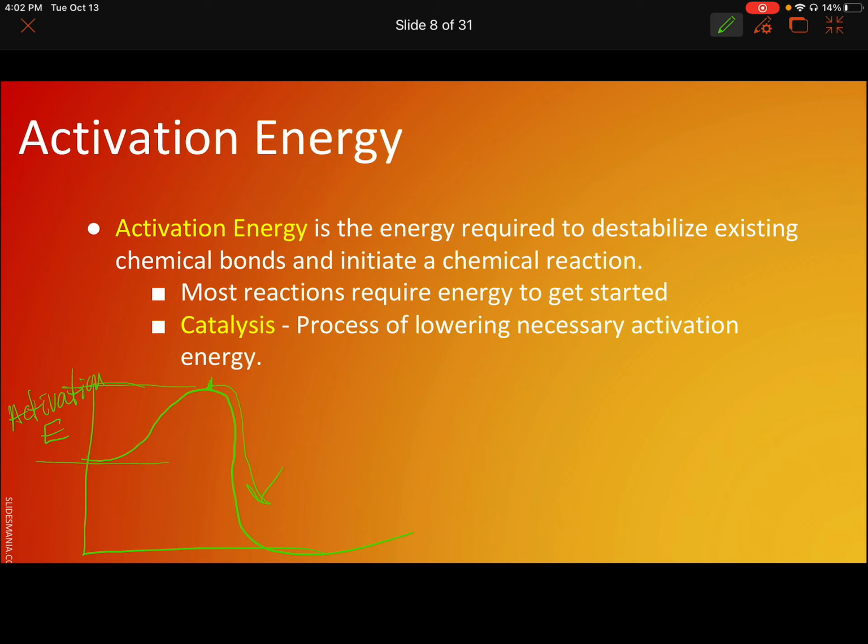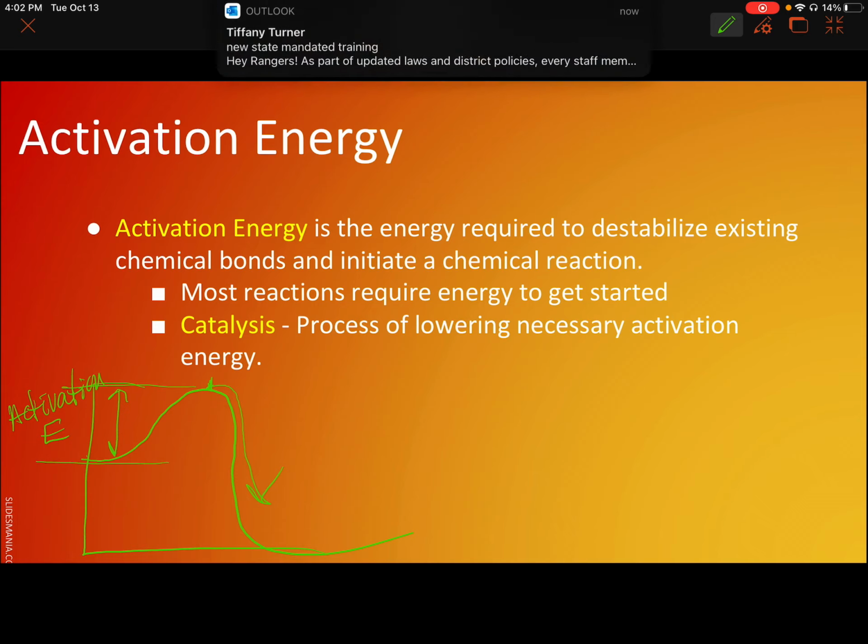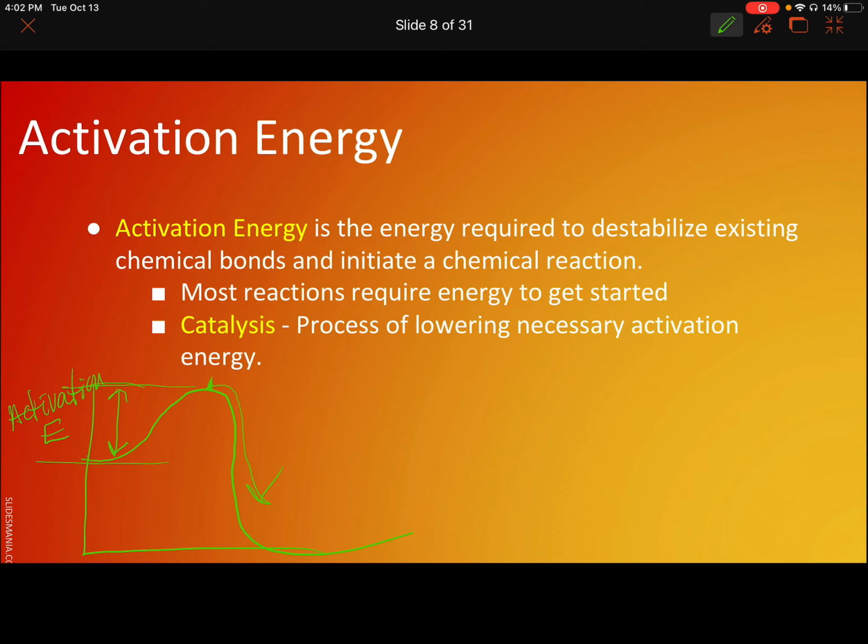If you don't put in this initial amount of energy, the chemical reaction won't happen. Basically, it is going to destabilize the existing chemical bonds, and that's what the activation energy is doing. It's destabilizing those bonds to allow the chemical reaction to take place.